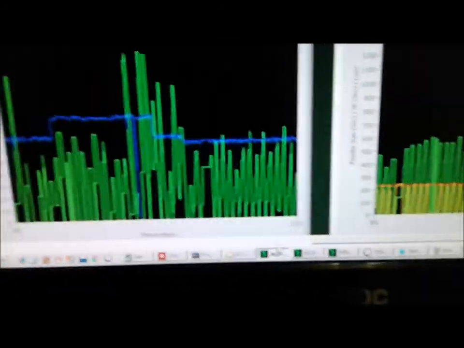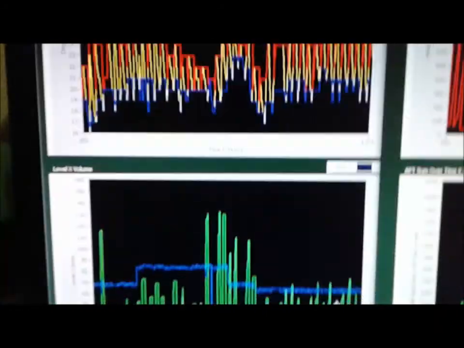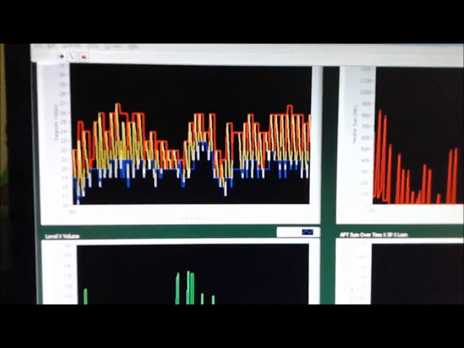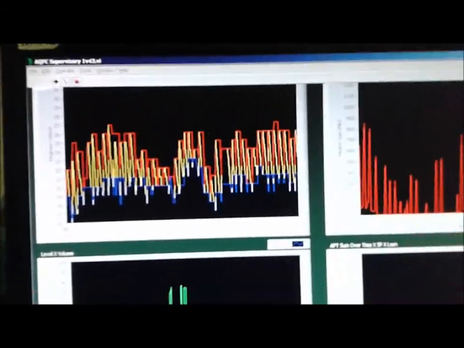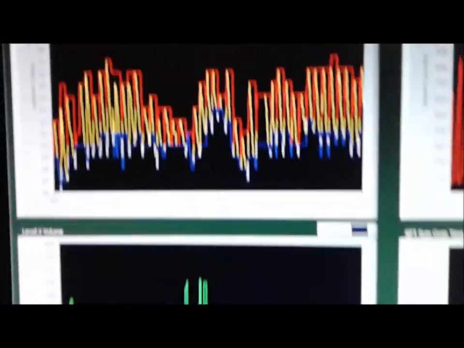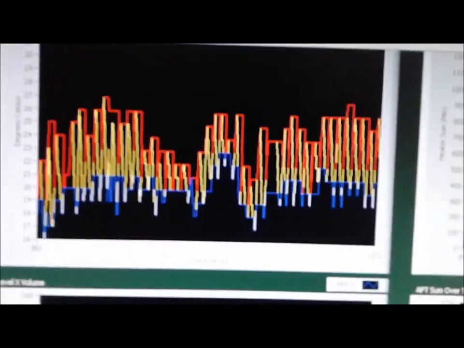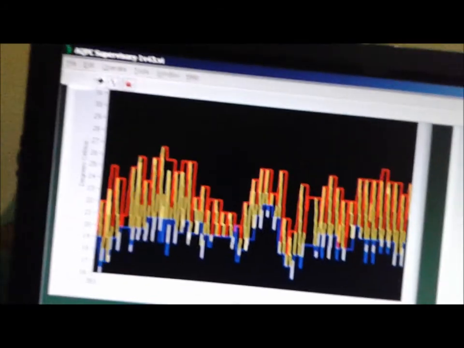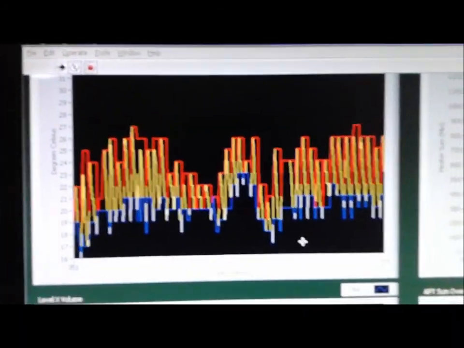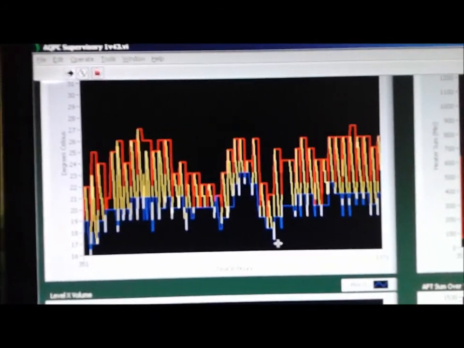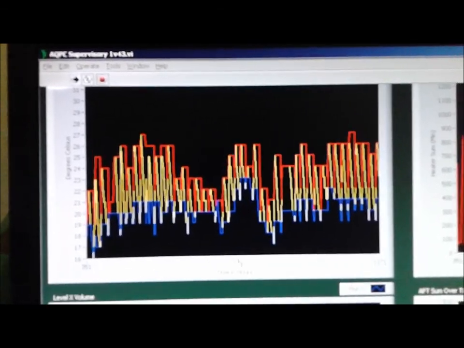Right now, let's focus on the data from the controllers. Here's tank 1. Those are hour by hour charts. Here's the temperature. We can see that the temperature on tank 1 actually fluctuates quite a bit. But my fish are now adapted to that situation.